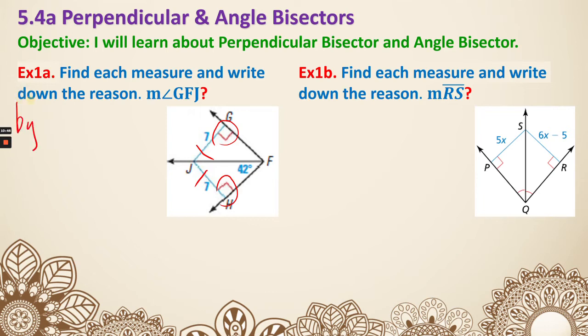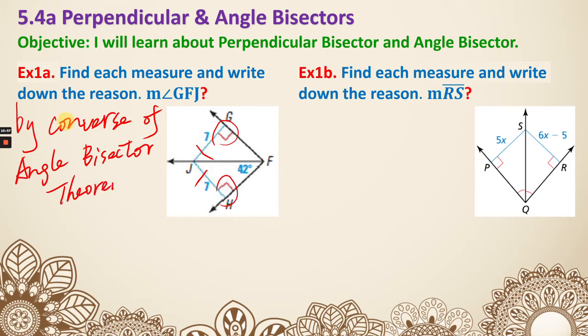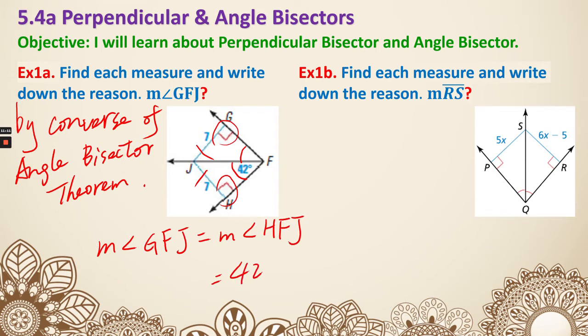So by converse of angle bisector theorem, we can say that it is the angle bisector, so the measurement of GFJ is the same as the measurement of HFJ, which is 42 degrees. But before we know that it's actually the angle bisector, we can't just say it is 42 degrees.